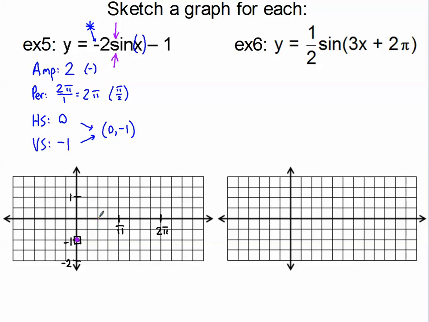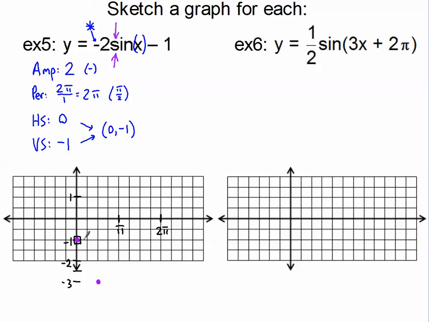But because the amplitude is 2, I go up twice as much. But because it's negative, I don't go up at all, I go down. So I'm going down 1 and then down, oh, I need to get some more here. So I'm going to go here to -3. And now I'm in purple. So 2 tick marks over, and then I'm going down 1, 2 to get to my sine curve.